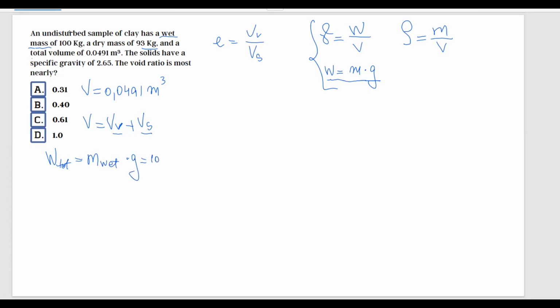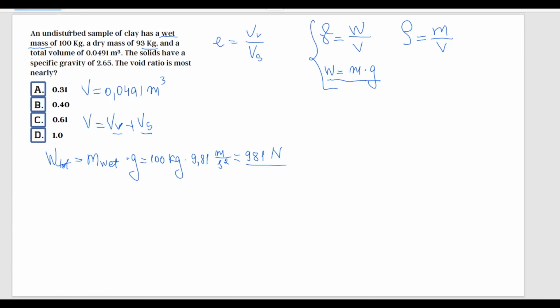We have 100 kilograms multiplied by g, which is 9.81 meters over seconds squared. And this is going to give you 981. These units, kilograms times meters over seconds squared, are newtons.